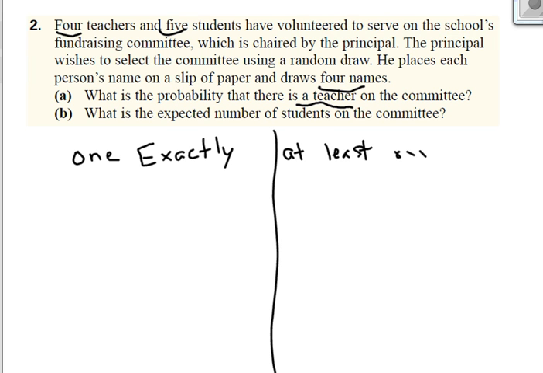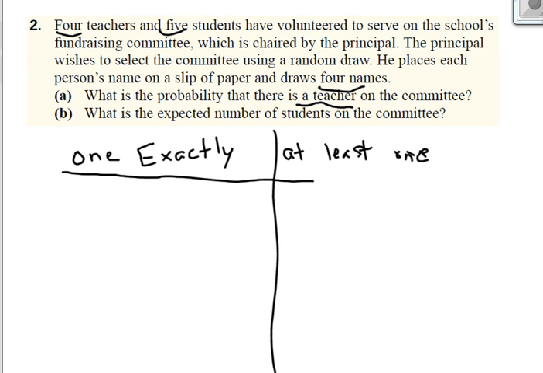Certainly, I will make sure that when I word your test, I am not vague, because I can understand an argument in either direction as to what that actually means. Is there a teacher? Do you mean exactly one or at least one? So I'm going to show both possibilities, and it's a little more help for you.